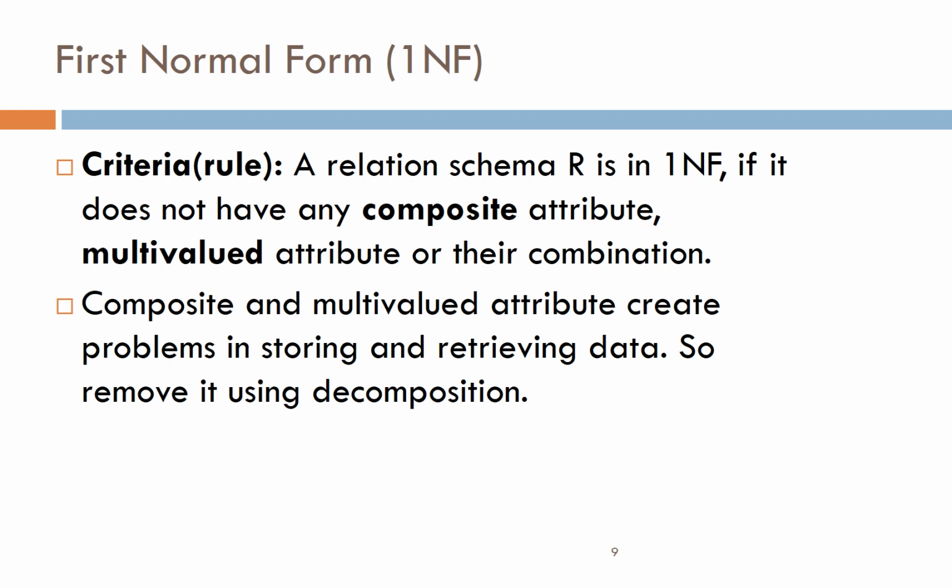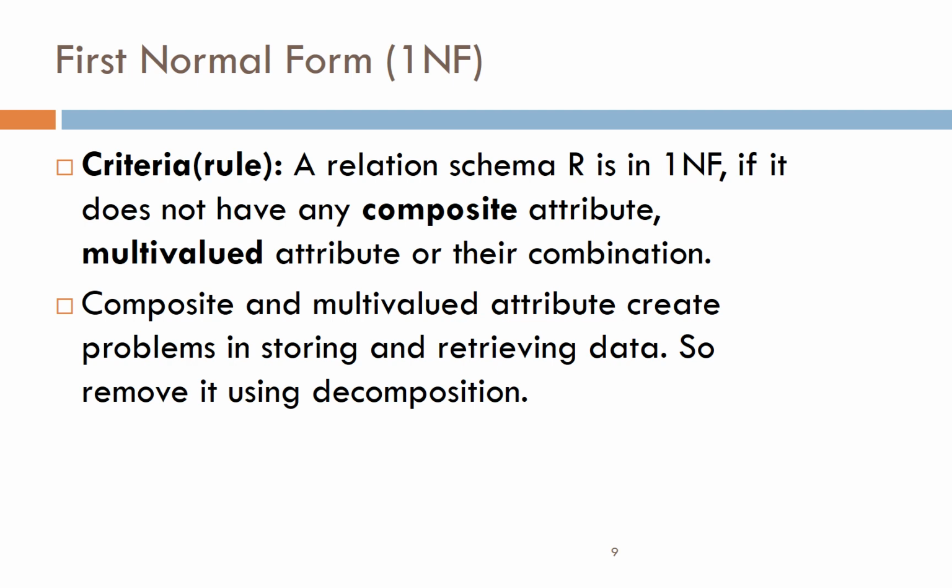So to apply the criteria of first normal form, you have to remove the composite attribute and multivalued attribute, or their combination, from the relation. A relation schema R, that means any relation, is in 1NF when it does not have any composite attribute, multivalued attribute or their combination.